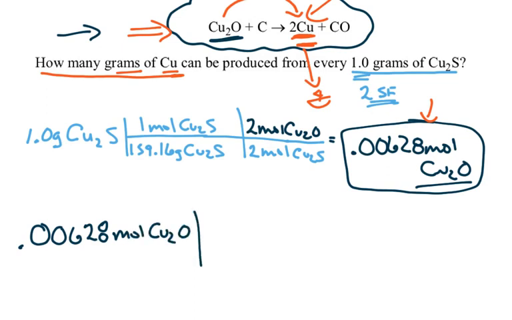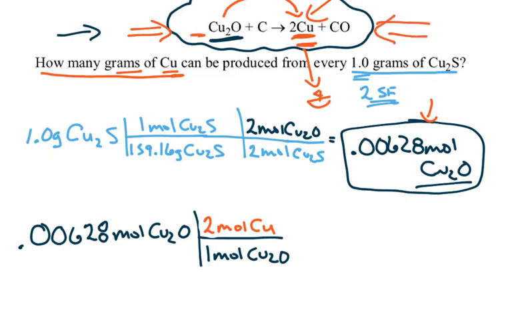So now for every 1 mole of Cu2O, there are 2 moles of copper. Oh, whoops, sorry, let me fix that. There are 2 moles of copper. That's from this reaction right here. 1 is here, and there's a 2. So now we're in moles of copper. Again, once you're on an island, don't leave the island until the problem is over.